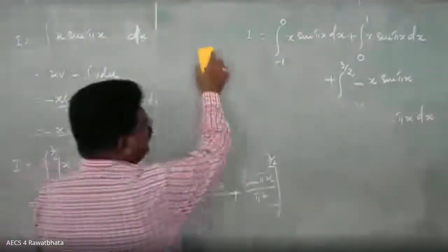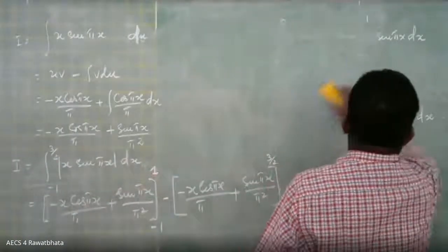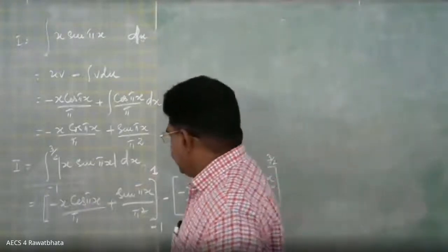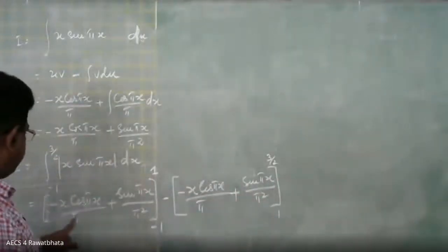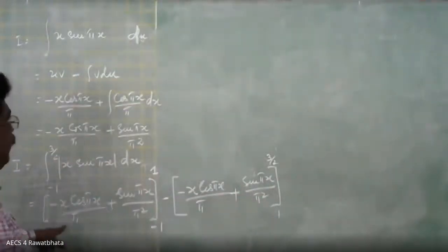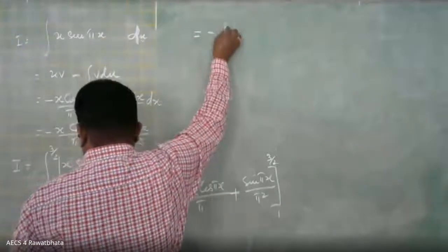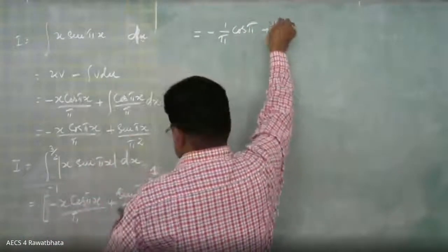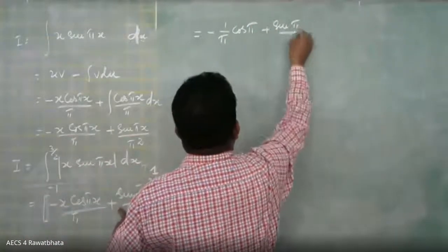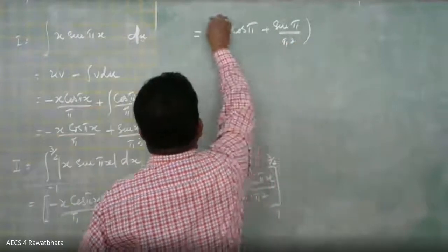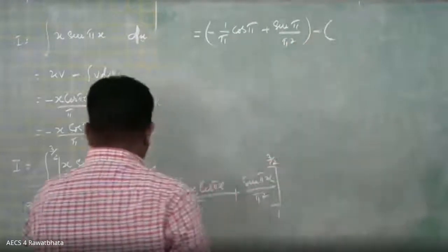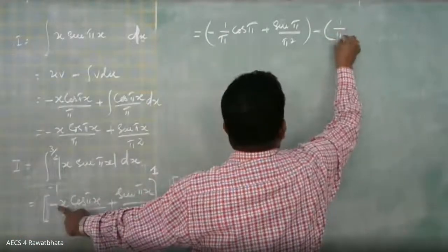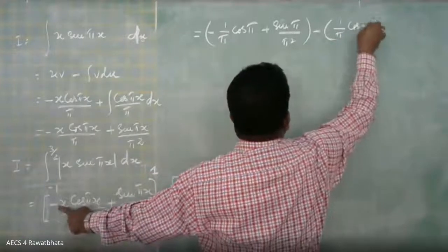Now we can apply the limits. Upper limit: minus 1 by pi cos pi plus sine pi upon pi squared, and minus of the lower limit: plus 1 by pi cos of minus pi.